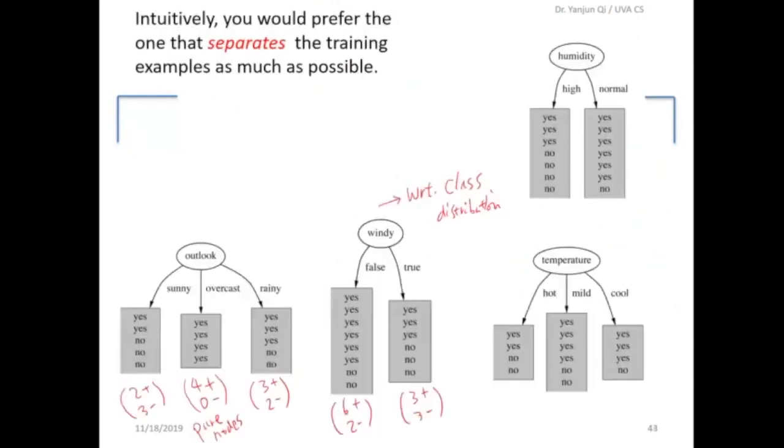After you split with the outlook, how do you decide from here? Of course, this is an easier case because you have a certain node in the middle. How do you decide whether to split from this node or this node, and then select what feature next?